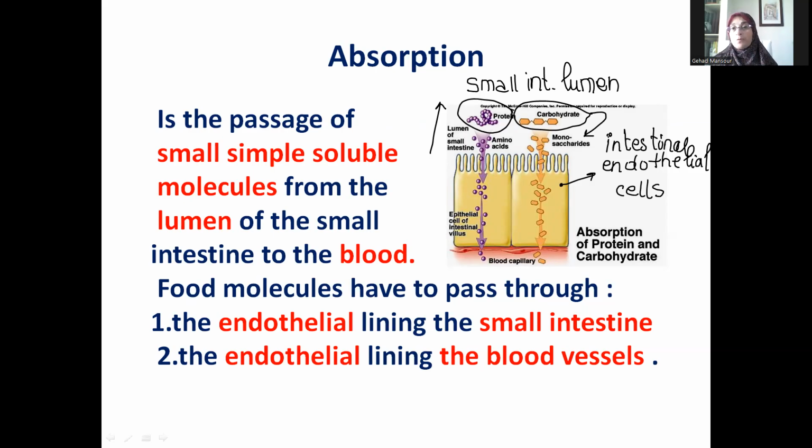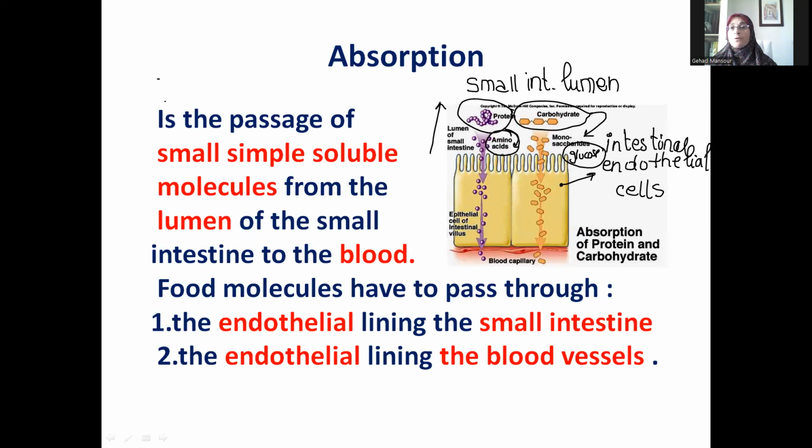The simplest form of carbohydrates are the simplest sugars, or the monosaccharides, for example, glucose. Glucose is a good example and the most abundant example of monosaccharides, and proteins will be digested into their final product, which is the amino acids.